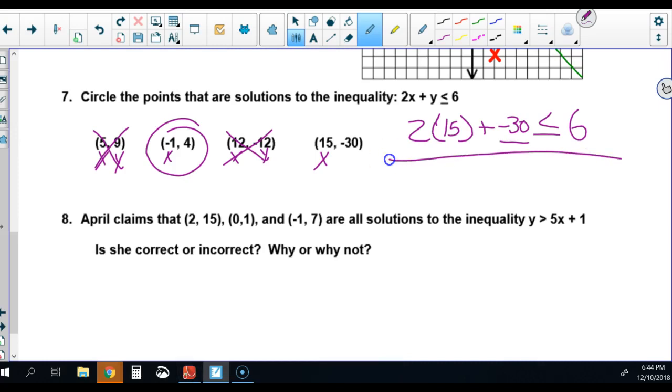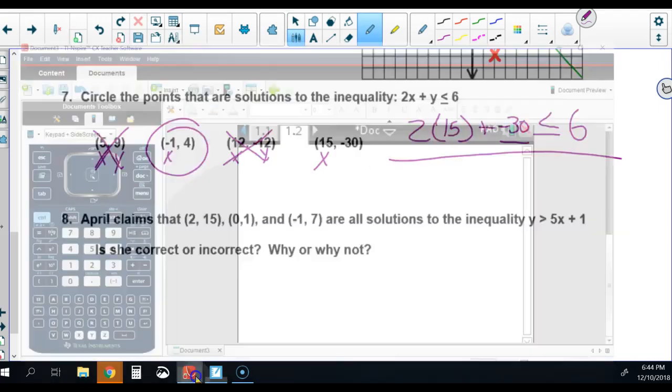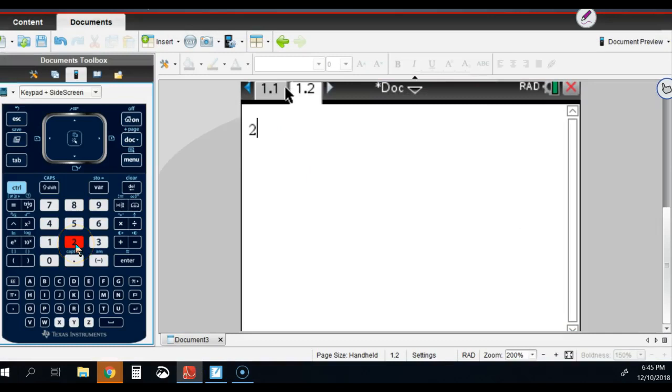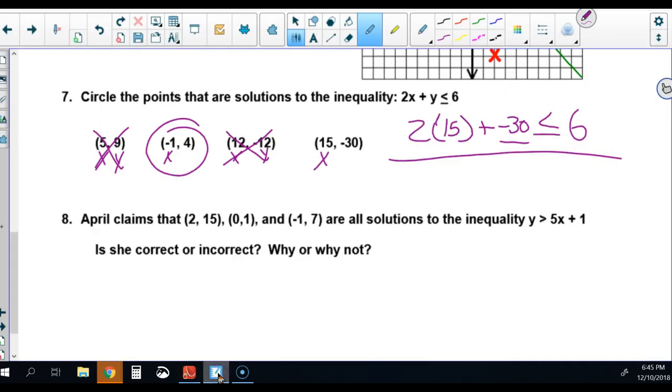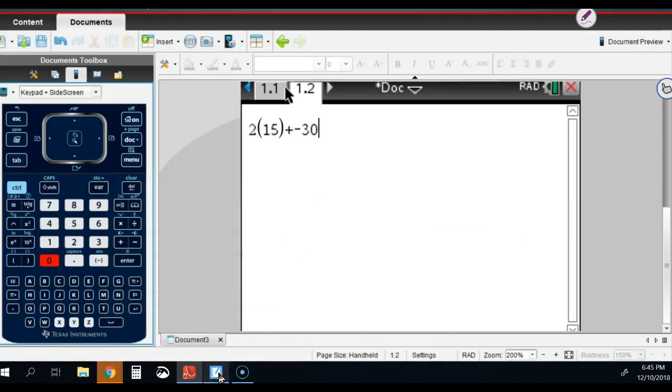I'm going to say 2 times 15 plus -30 is less than or equal to 6. Remember, your inequalities are there, under control equals.